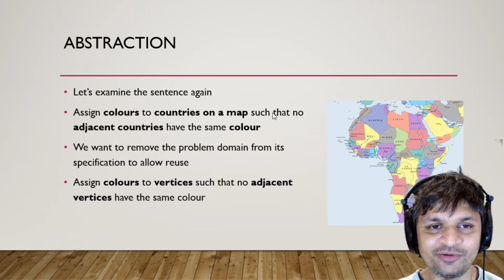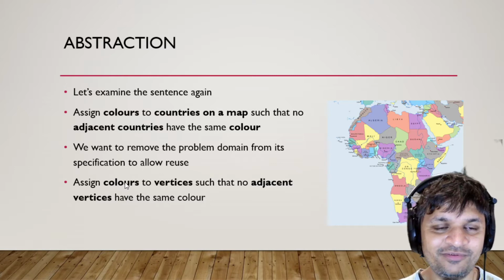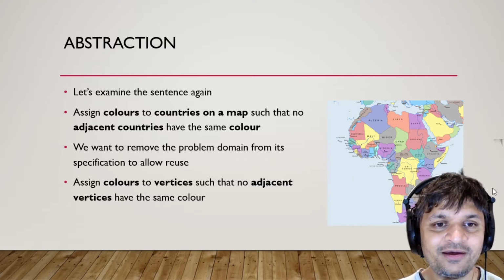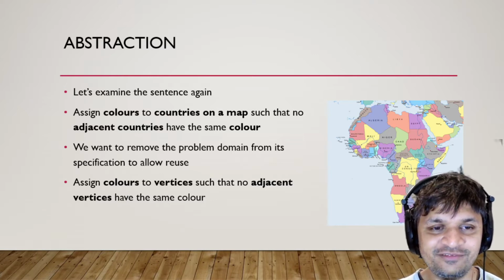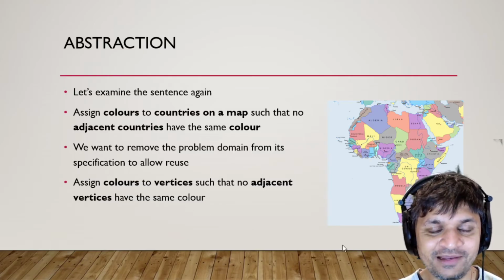And it's the same problem as before, because all I've done is change a couple of those words, but I haven't changed the substance of what the algorithm does, right? And so I've kept the word colors for no real reason. I could have said assign numbers, or some property, to vertices such that no adjacent vertices have the same value for that property. But it's easier to just keep the word colors.